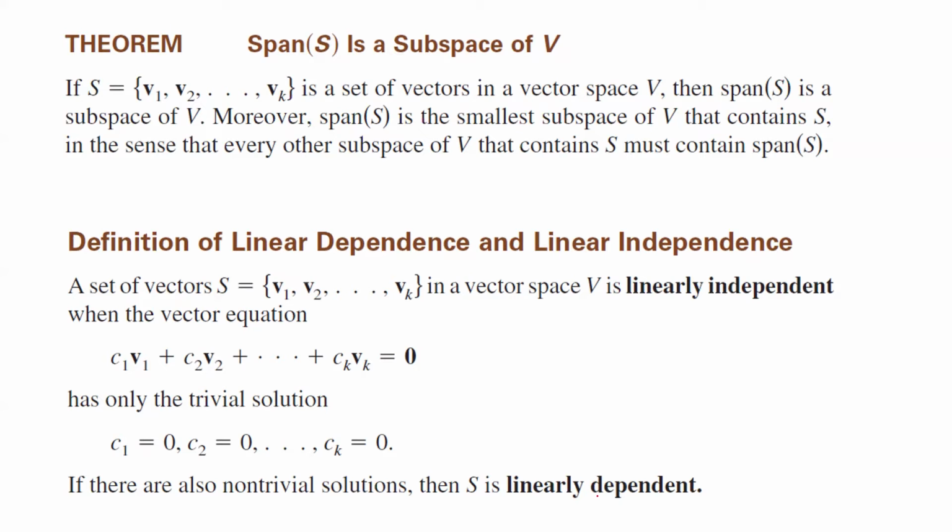Otherwise, we say they are linearly dependent. So linearly independent if all of these C's become 0. Linearly dependent means that you might end up with at least one non-zero value.